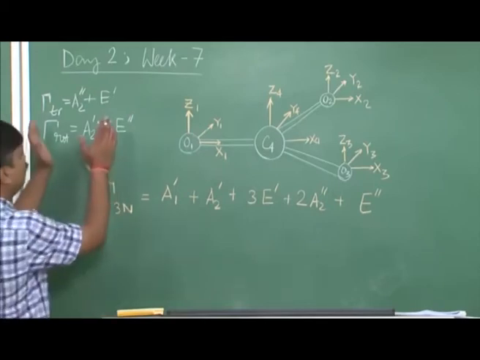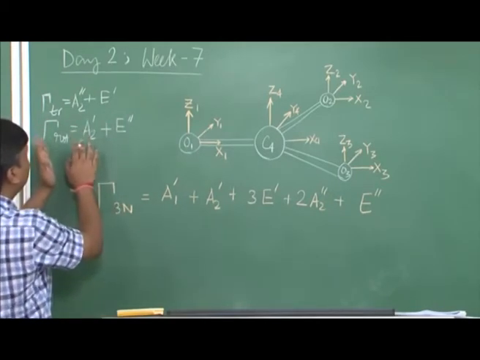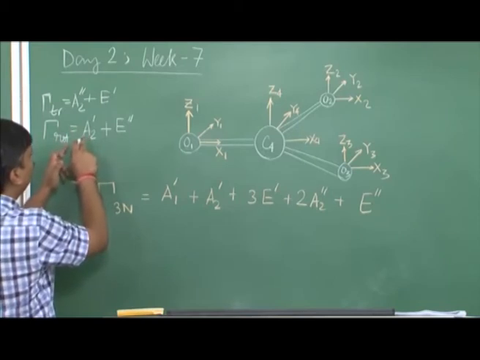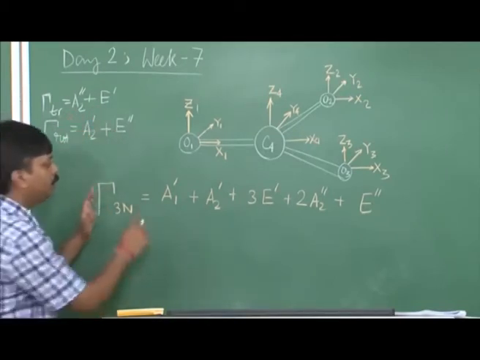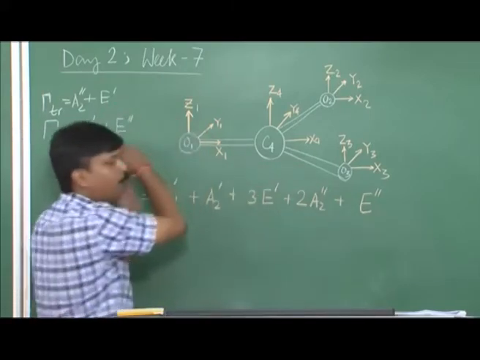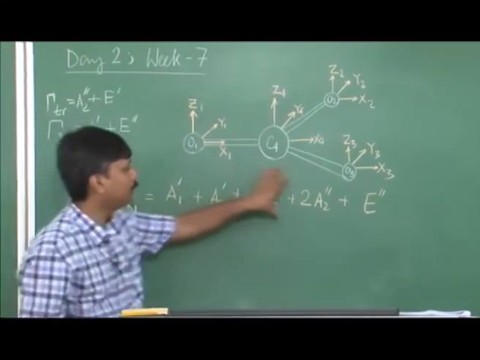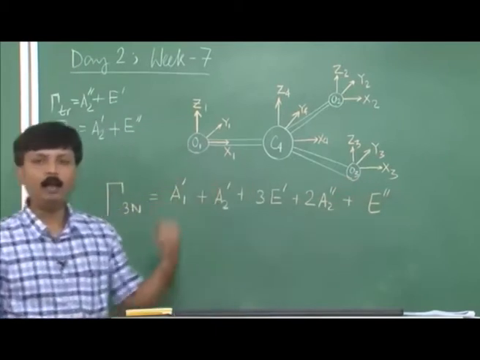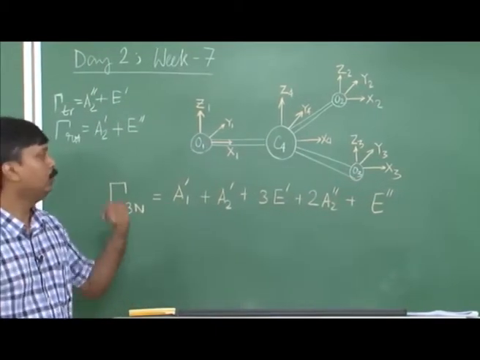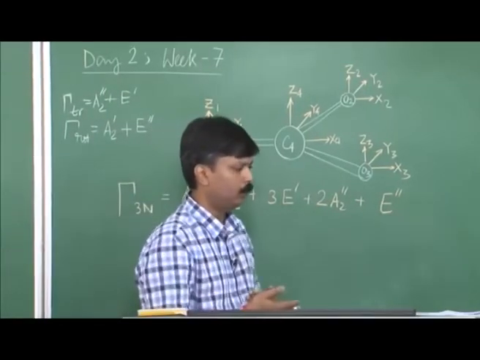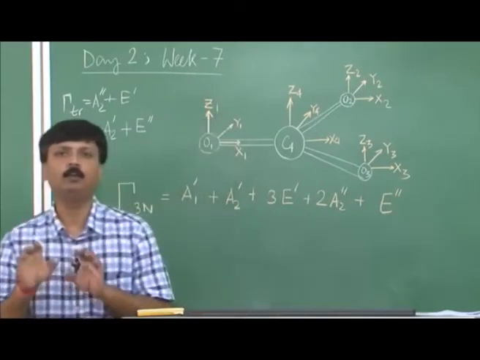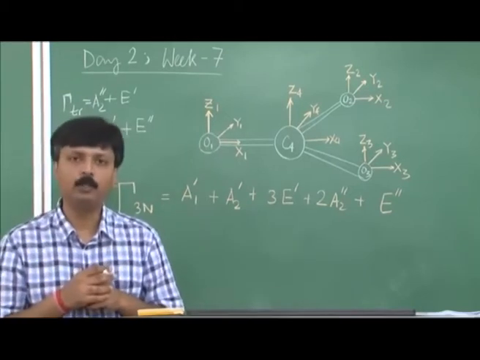Now altogether, translational plus rotational, I have A2 prime, A2 double prime, E prime and E double prime. If I take out these 4 irreducible representations from this list, I have got the irreducible representations which give me the symmetries of the molecular vibrations, right.